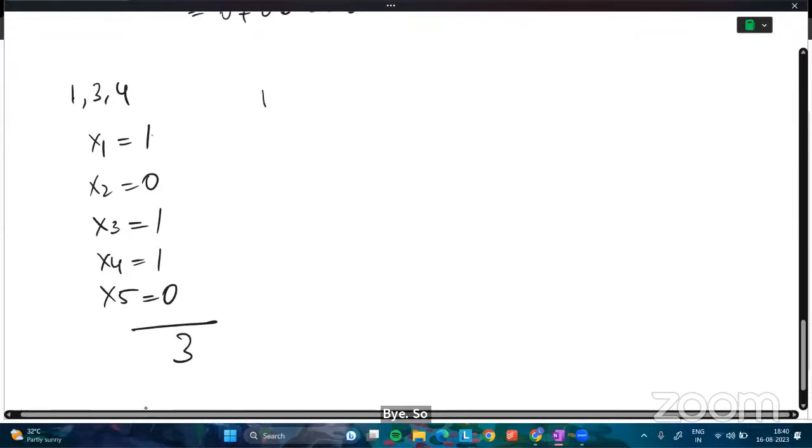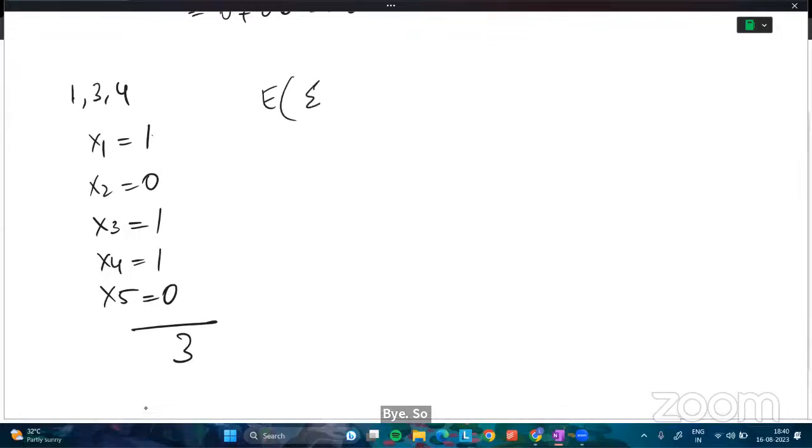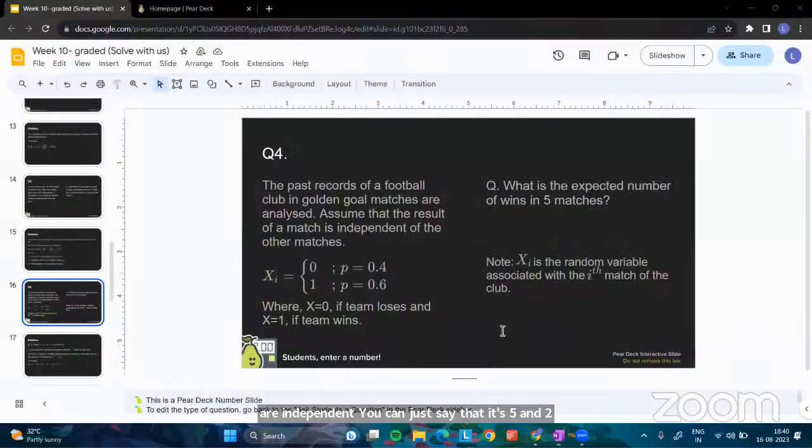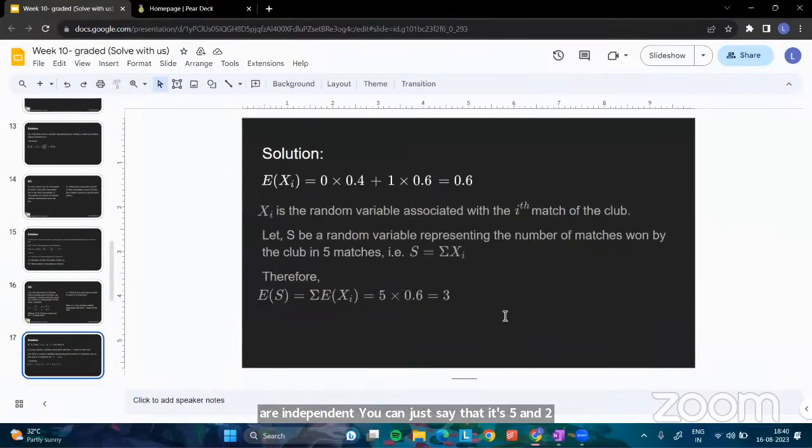So to find the number of wins, all we have to find is the expected value of the summation of all the X's. Then you can use this property because each of them is independent. You can just say that it's 5 into the expected value. So the final answer is 3. Everyone did get 3.